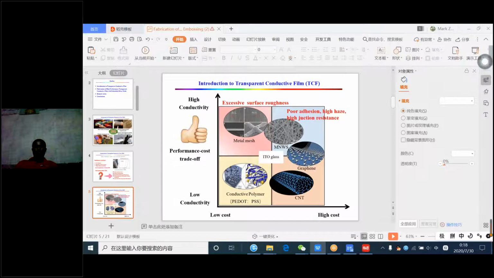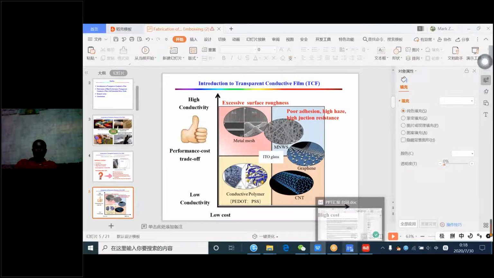As shown in the figure, the metal mesh and the nanowires may be the ideal materials of the TCF, as they have a more optimal trade-off between the performance and the cost.